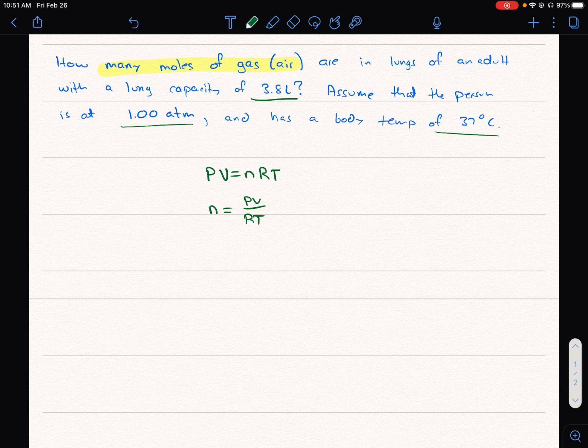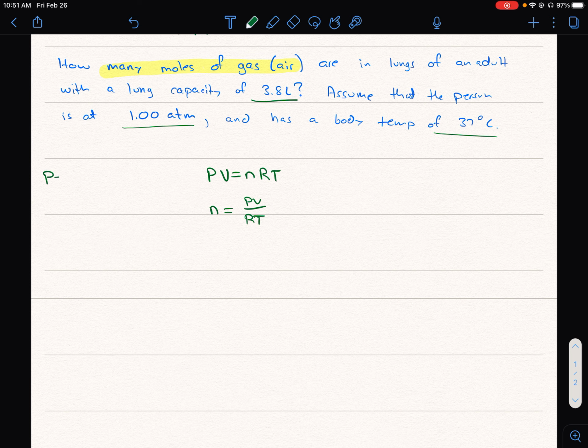And then we can say, well, what do we know? We know the pressure is given as 1.00 atm. We know the volume is given at 3.8 liters. We know R is the universal gas constant, 0.08206 liters times atmospheres over mole times Kelvin.